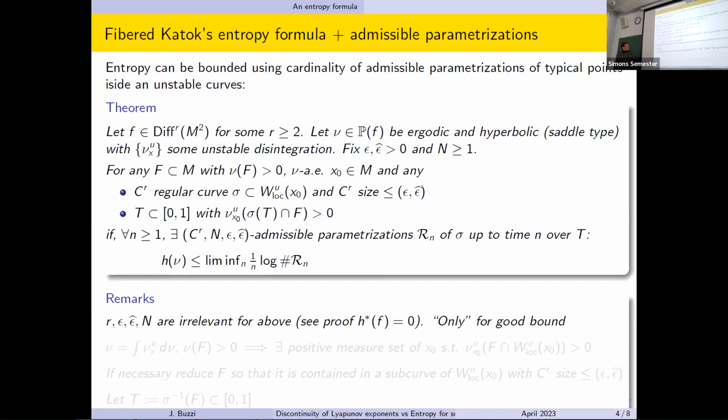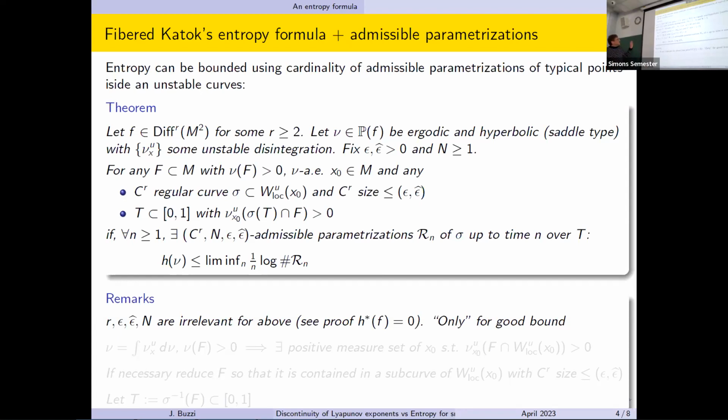Okay, there is this trick that I mentioned more or less when I spoke about how you prove that the tail entropy is 0 when you have C infinity. It's the same. That is, once you have an admissible parametrization with bounded parameters, if you want to find a delta n cover, you just take a delta dense set in your abstract interval, and you get a cover like this at any scale.